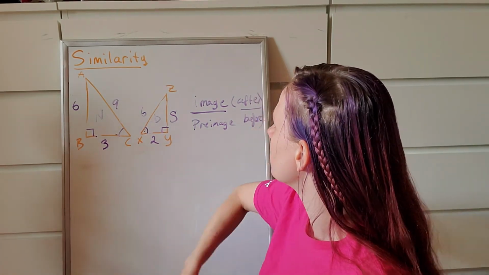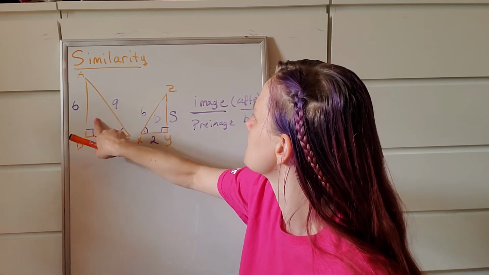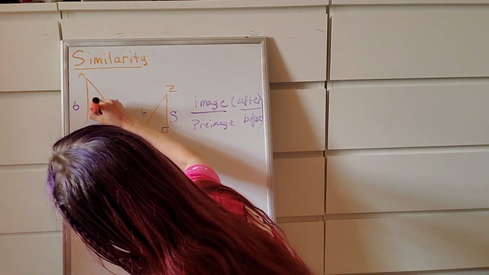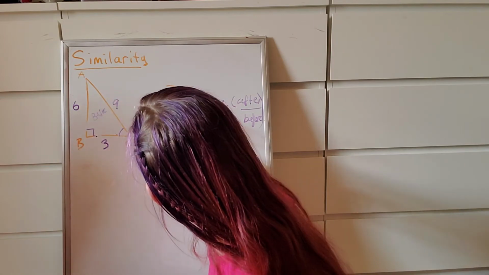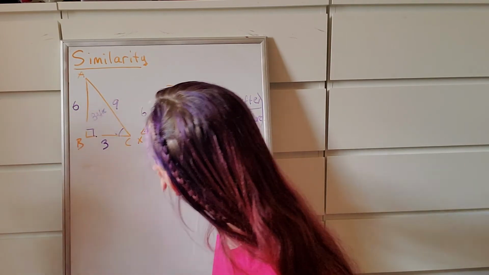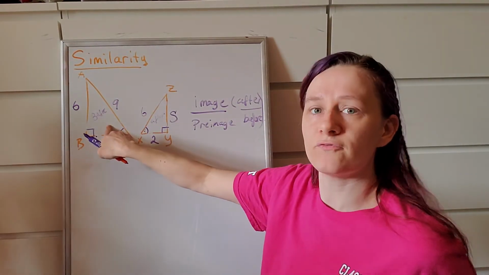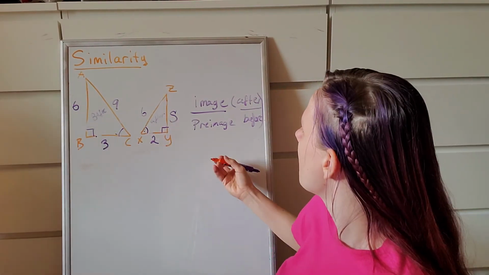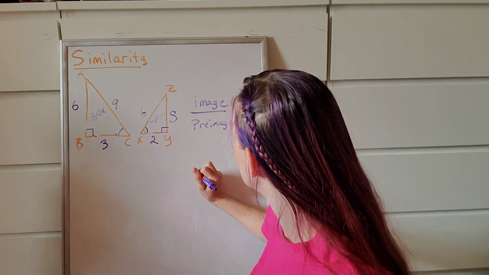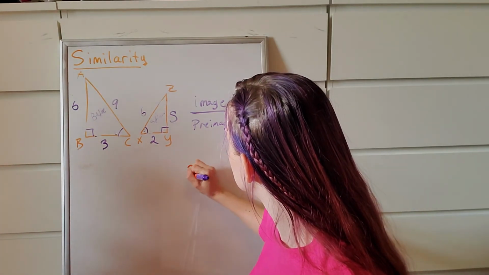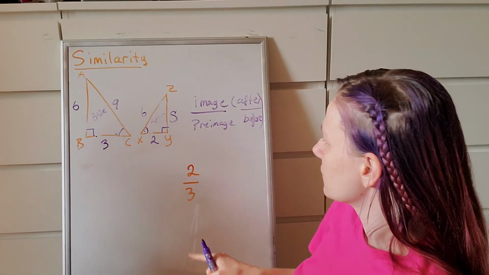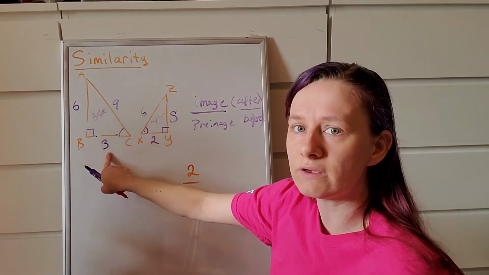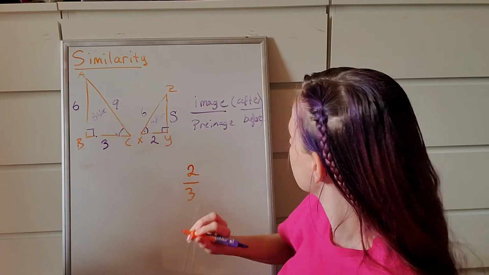So, for example, if I want to say that this is my before triangle, what do I multiply this triangle by to get this triangle? Then I have to do 2/3 because 2 is my after, my image, and 3 is my before, my pre-image.